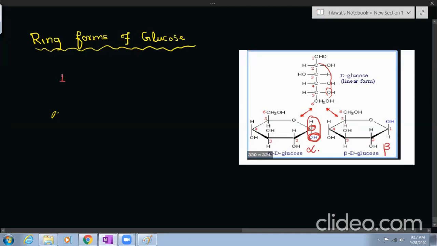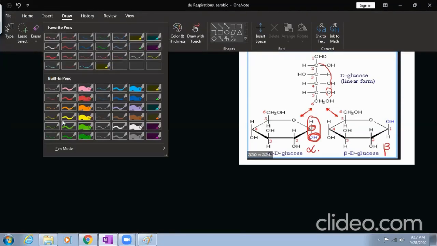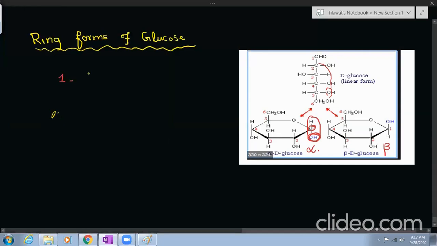So we have two ring forms. One is alpha glucose, and the second one is beta glucose.